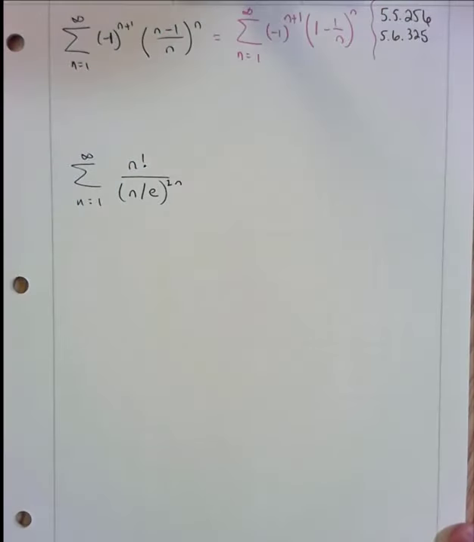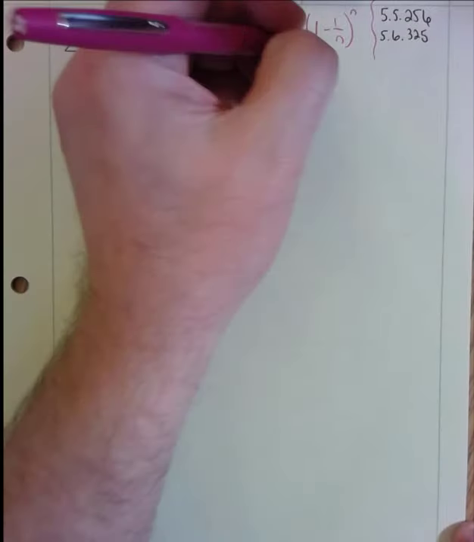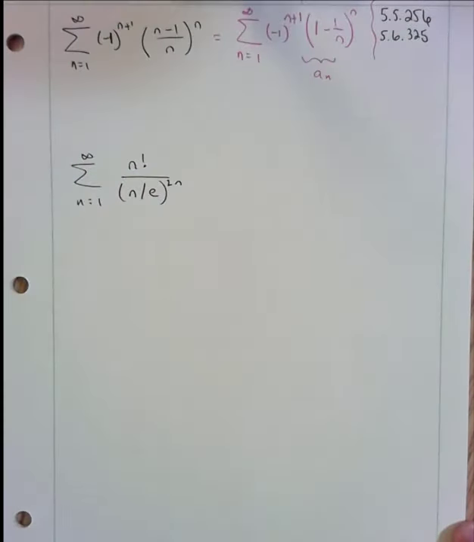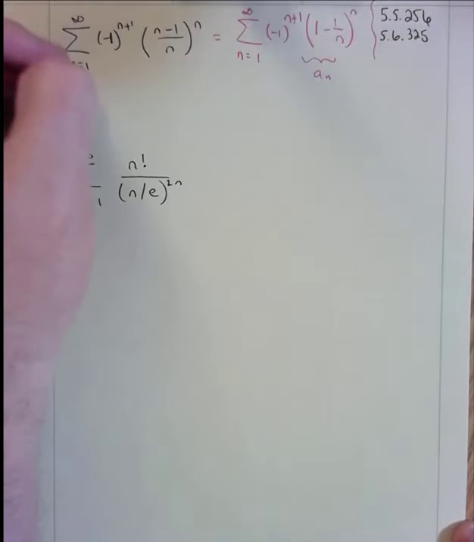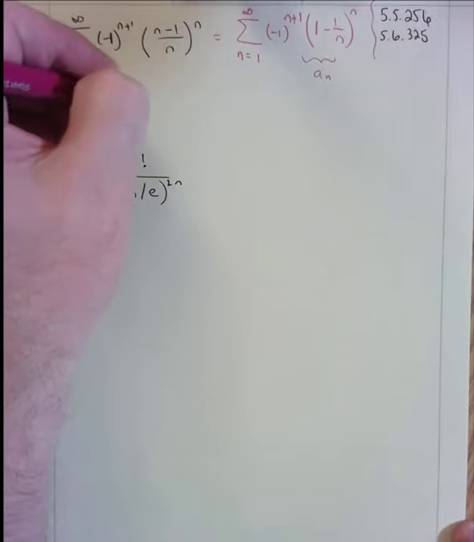And then I'm going to rewrite the interior of the larger part of the term as 1 minus 1 over n, because we want to ask the question, what's happening? We're going to label that the term a sub n. What is happening as n goes to infinity of the size of that term?